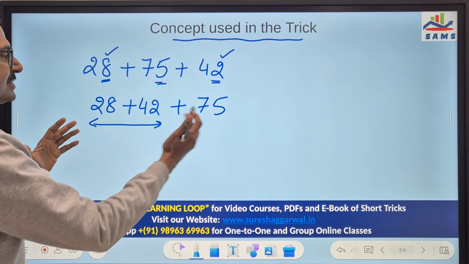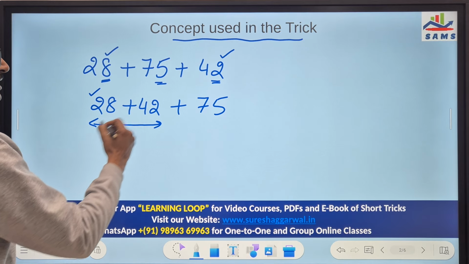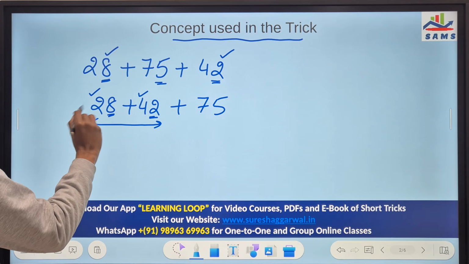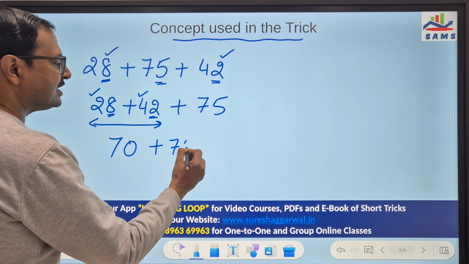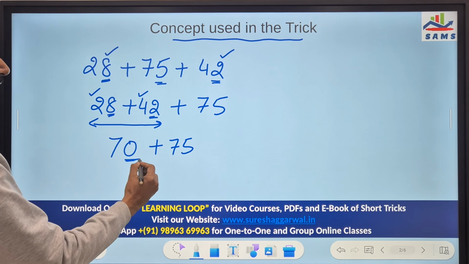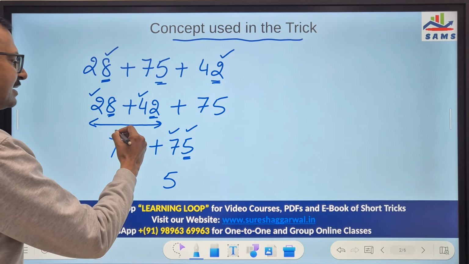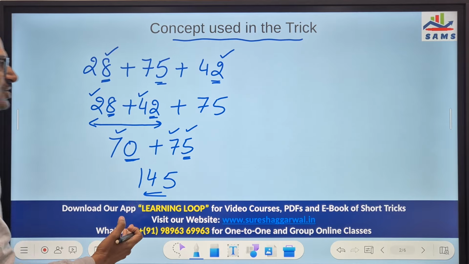Since these numbers are only up to 100, we have 2 tens here, 4 tens here and 1 ten by adding these two. So in all we have 7 tens, which is 70, and then adding 75 is pretty easy because you have a 0 here. This unit digit retains its place and 7 plus 7 gives 14, which gets you the answer for this addition problem.